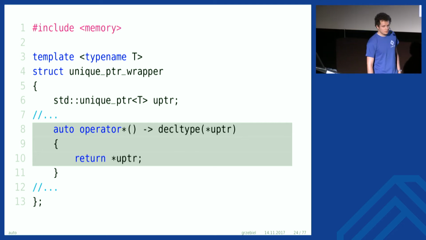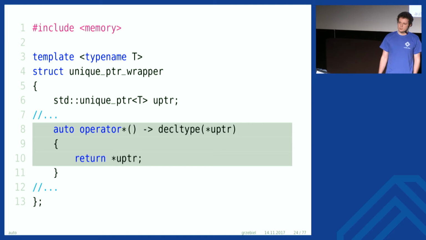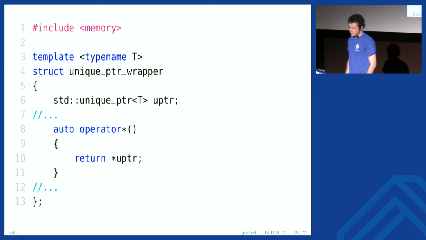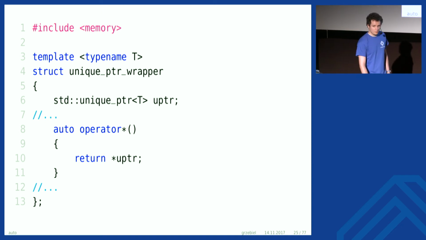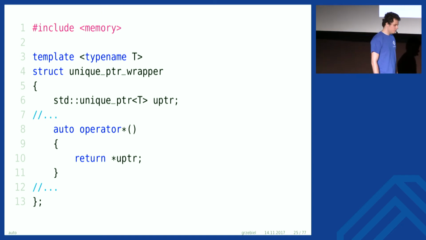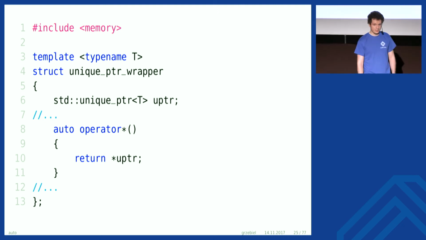So all we need to do, because we are talking about the C++11 standard, is wait three years and get a compiler compliant with C++14, where this arrow and decltype are optional, and we tell the compiler that we want the type deduced directly from the return statement.